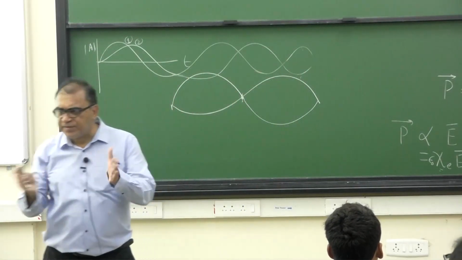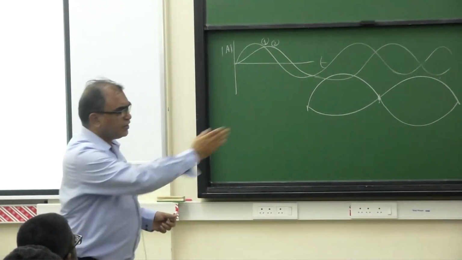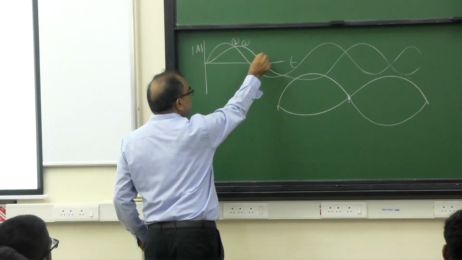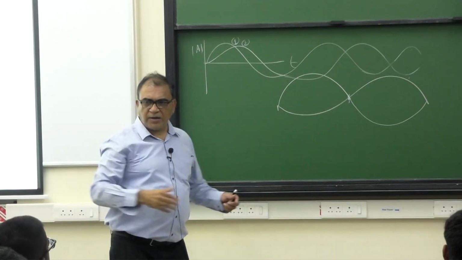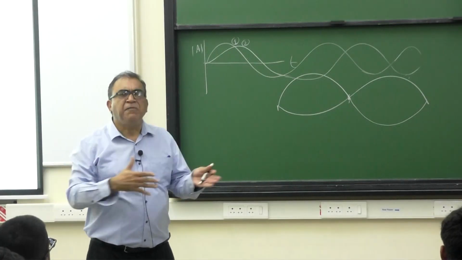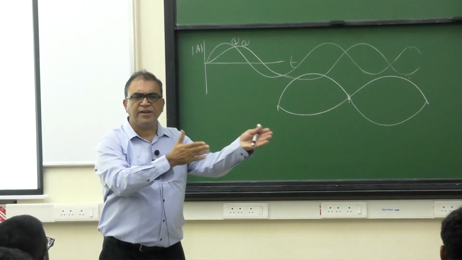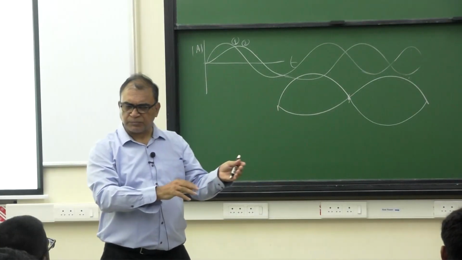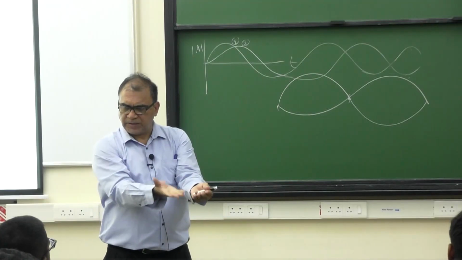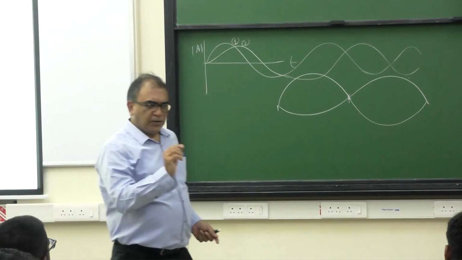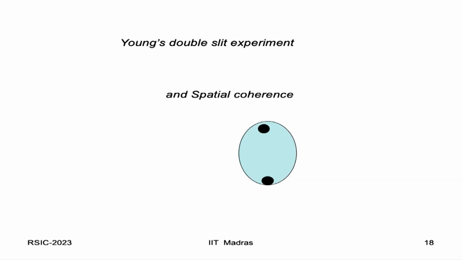They would add up destructively. But up to a certain point, they will have some phase relationship. So when two frequencies or two wavelengths are going in phase, not exactly 100% in phase, but keeping some phase relationship, and they don't completely go out of phase, that means they are coherent. The two waves are coherent.